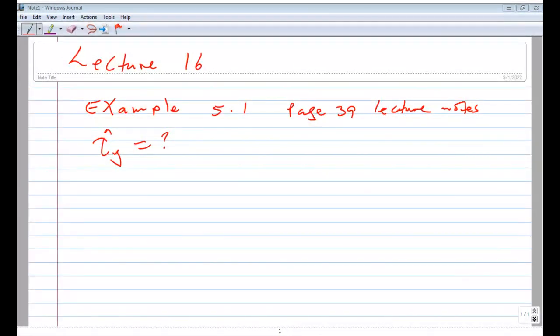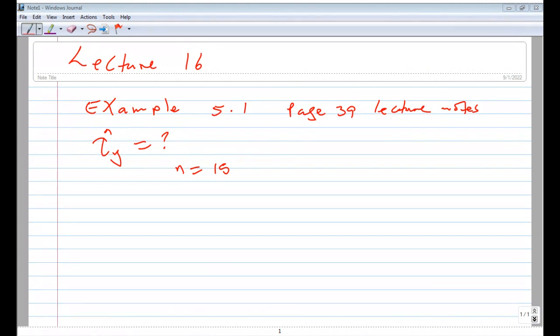So the given information there on example 5.1, we have got the sample size, which is equal to 15. You can say 15 apples. And then we've got the total weight of orange, or sometimes you just call it the total weight of apples, because in the lecture notes they talk about the apples. In our example, we talk about the orange.